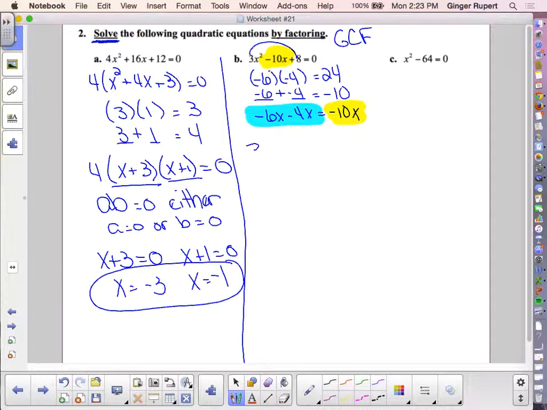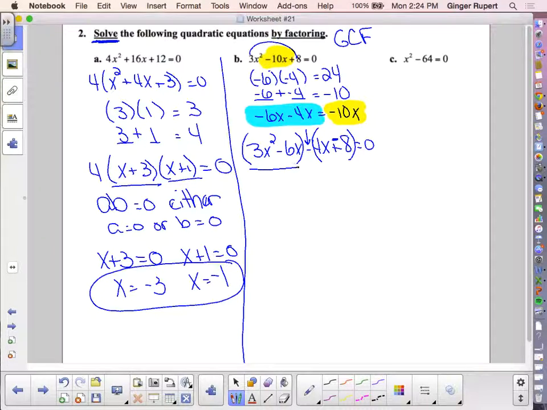So I have 3x squared minus 6x minus 4x plus 8 equals 0. Group the first two terms, group the last two terms. Remember, if the operation between them is negative, you must change the sign on that last term.